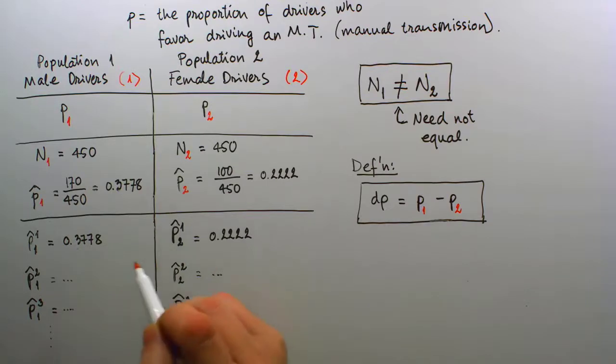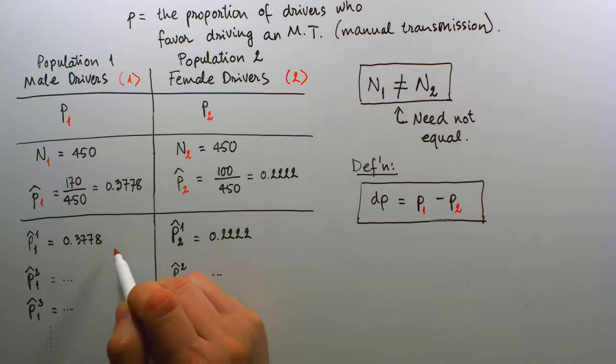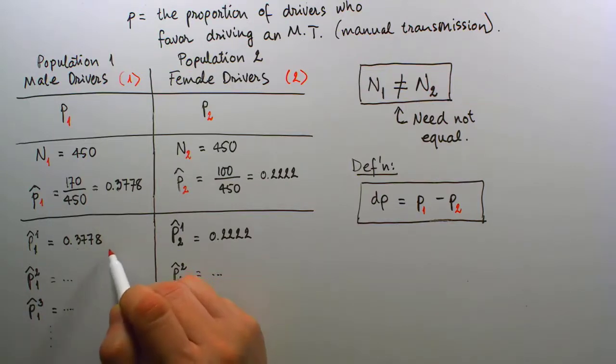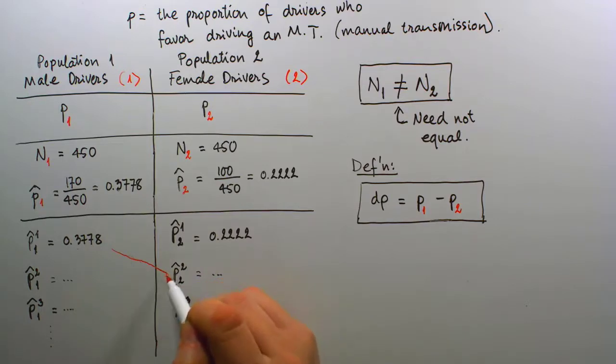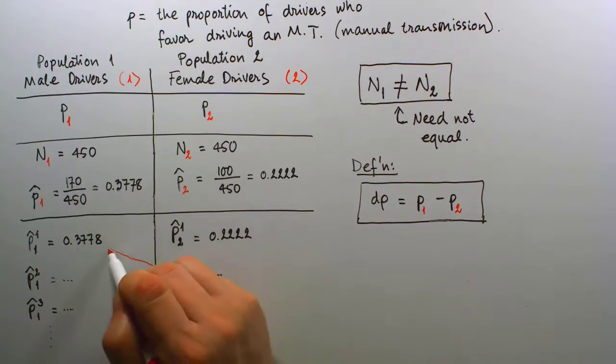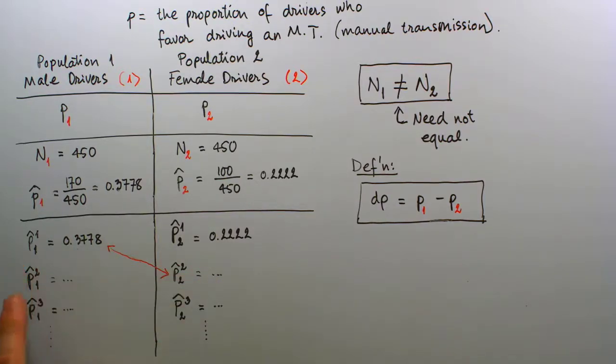I am going to draw a short line that connects my first sample from p̂1 right here with the second sample from p̂2, because now p̂1 and p̂2 are two different families of sample proportions, or two different sampling distributions of sample proportions.